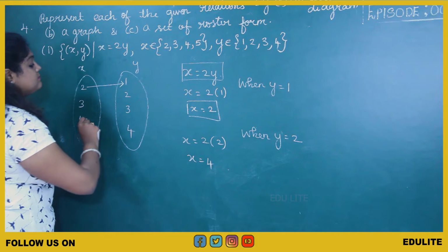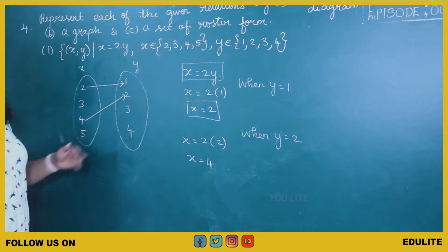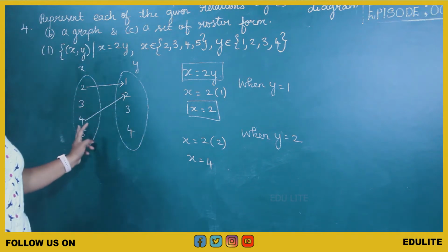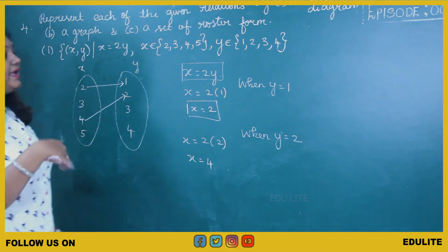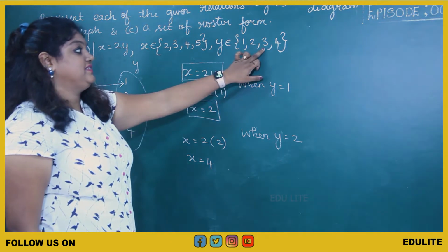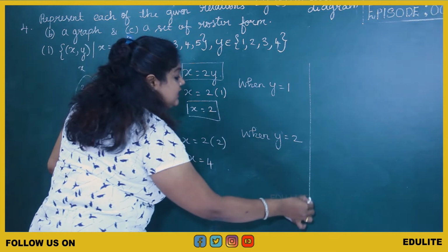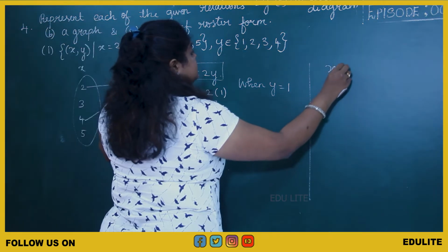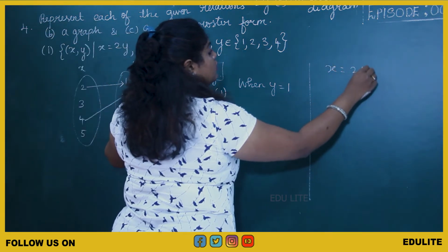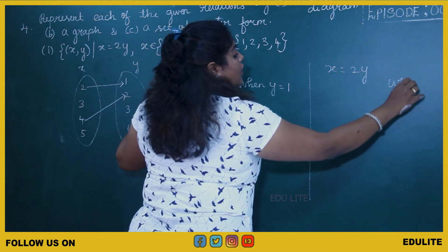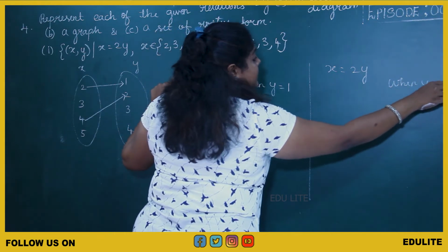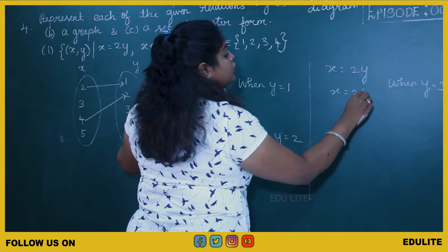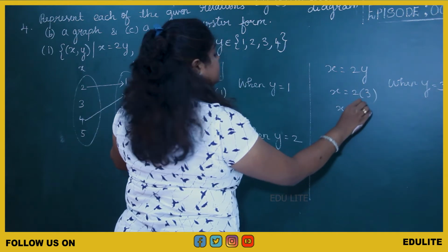So 4 is mapped to 2. So 2 is mapped to 1 and 4 is mapped to 2. Next we will take the value of y as 3, substituting in the same notation. X is equal to 2y, x is equal to 2 into 3, x is equal to 6.